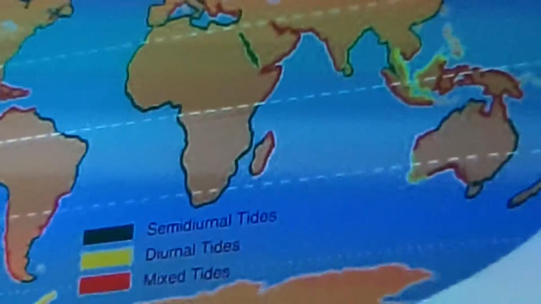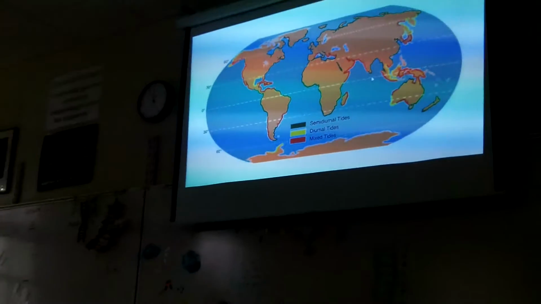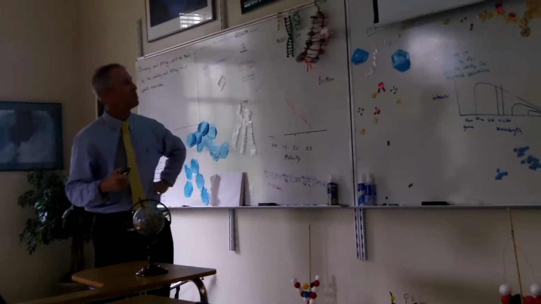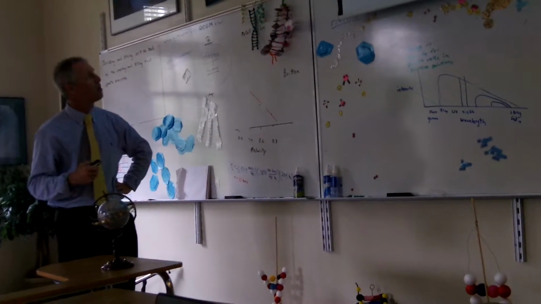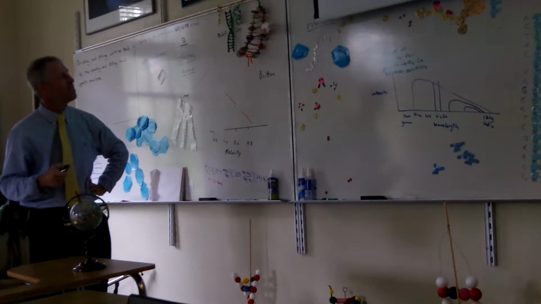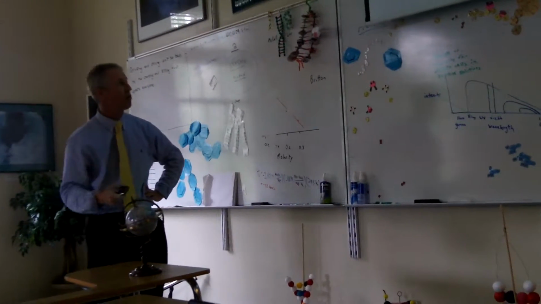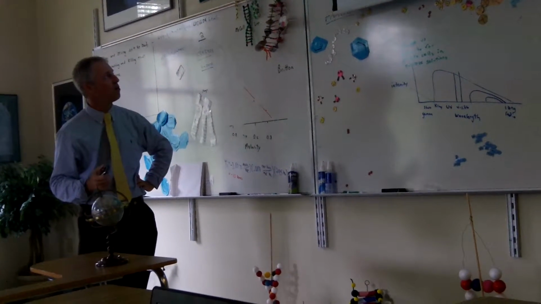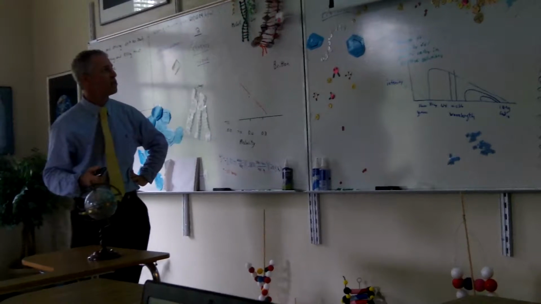So there's a lot of curveballs thrown in there in the tides, based on the shape of the coasts of the continents and such. So it's not as easy as these models make it out to be. So we call it semidiurnal when it's 2 highs and 2 lows a day. That's normal.